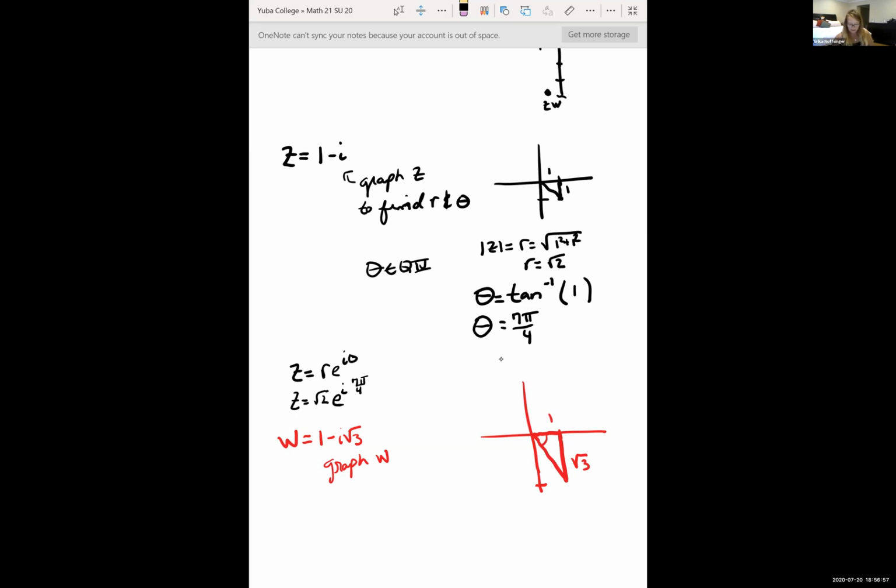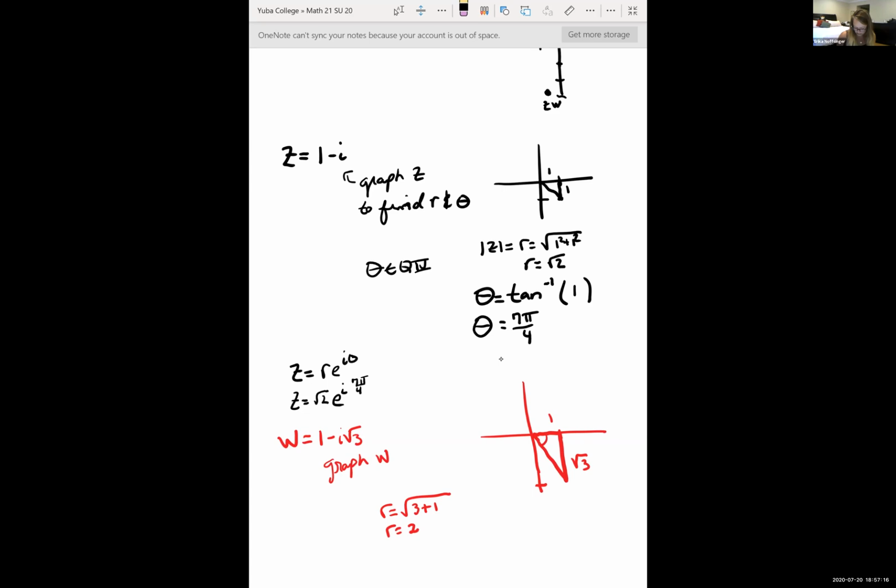So looking at this, r is equal to the square root of root 3 squared, which is 3, plus 1 squared, which is 1. So r is equal to square root of 4, which is 2.